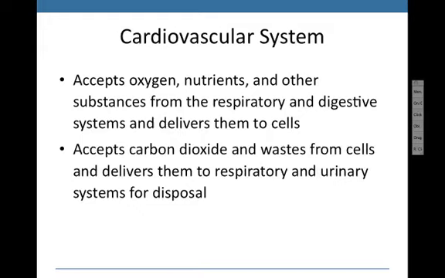How does it take oxygen and nutrients as well as vitamins and minerals and waste products and deliver it? And it also, as I said before, takes waste products from the cells and delivers them to get eliminated from the body. So the cardiovascular system touches every system in the body.